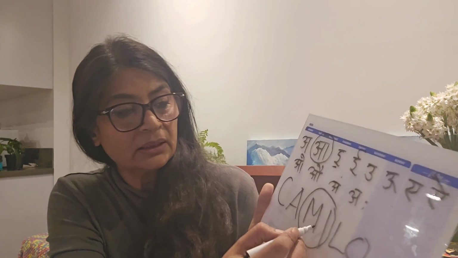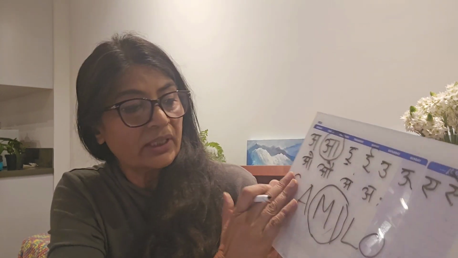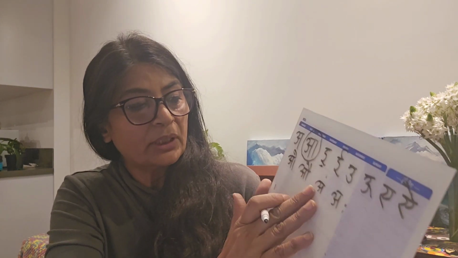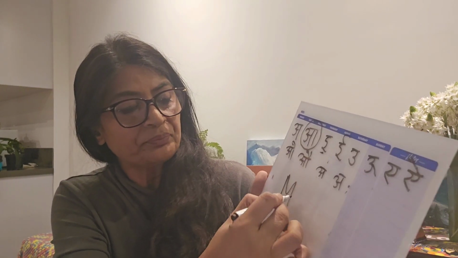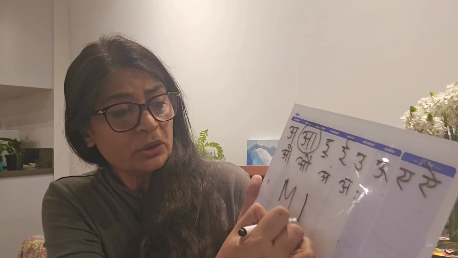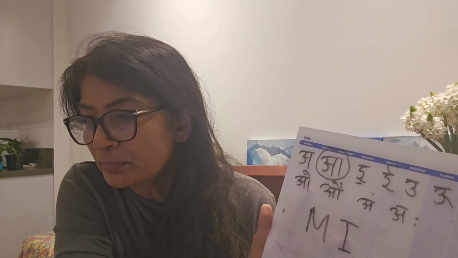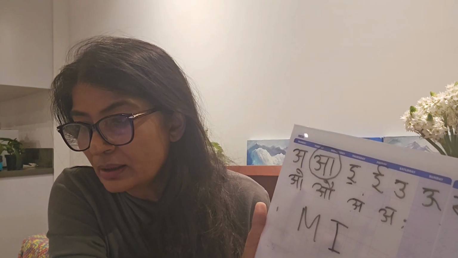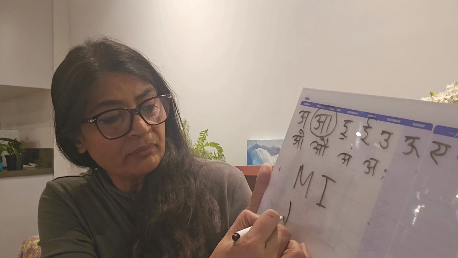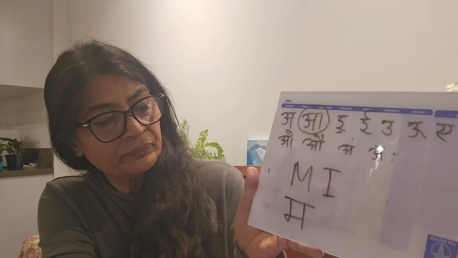Which means I have to add I, like E, right? Because I want to write me. If I put an I after M, I get a me.